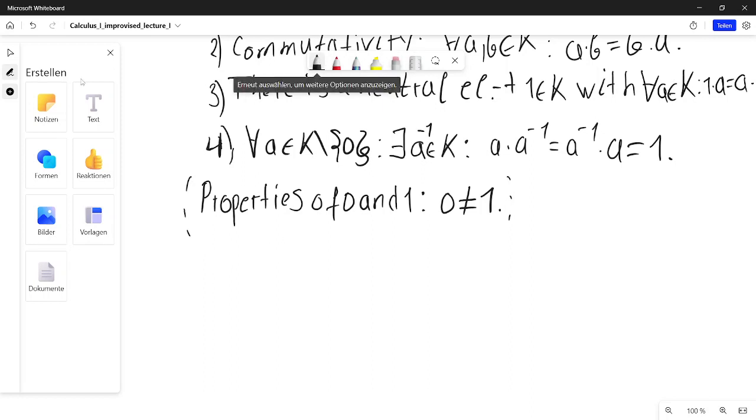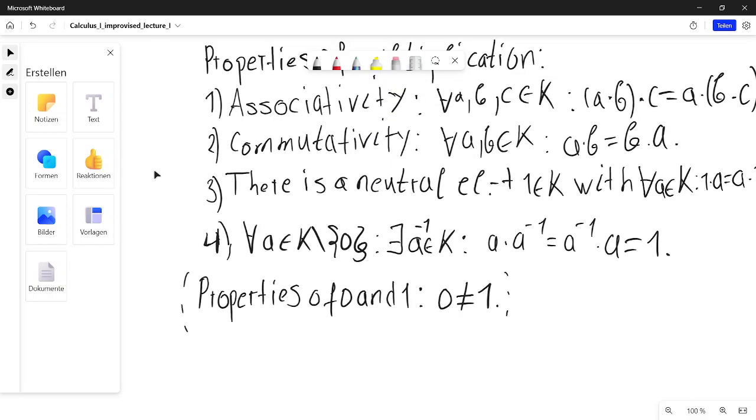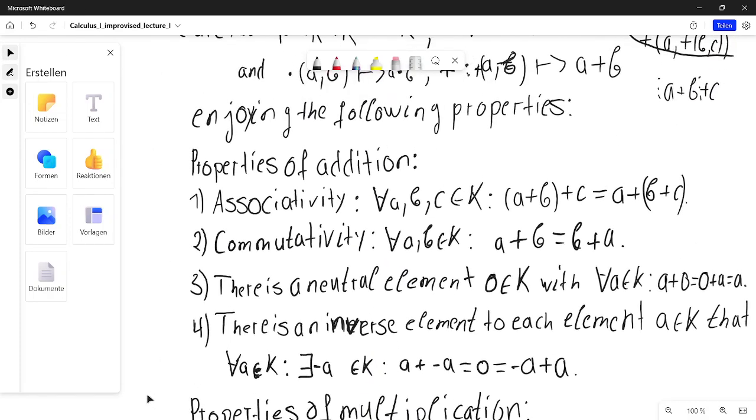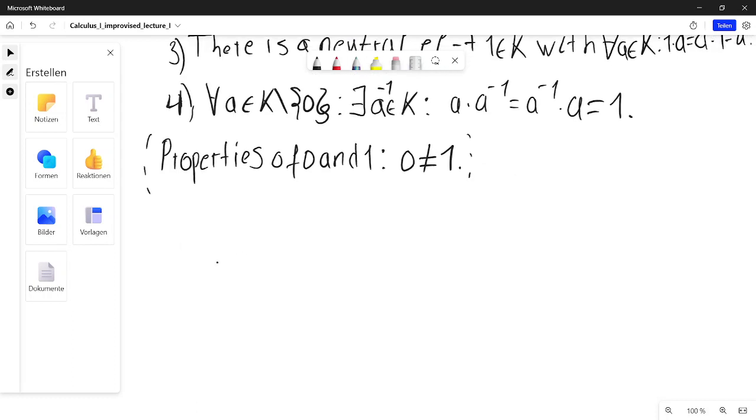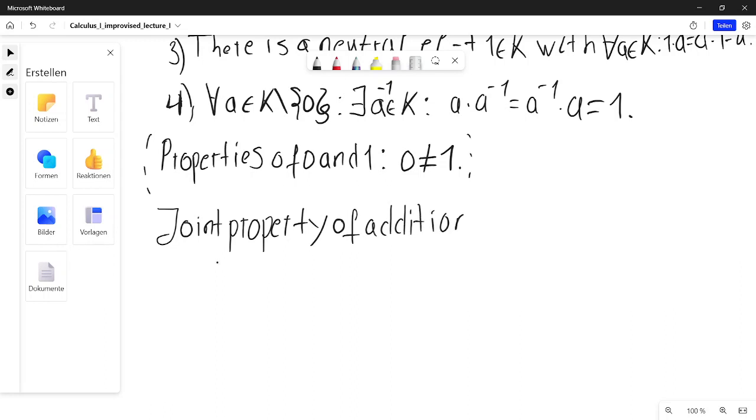But of course, we have to have the distributivity law. You probably recall the distributivity law from school. It is a joint property of addition and multiplication.